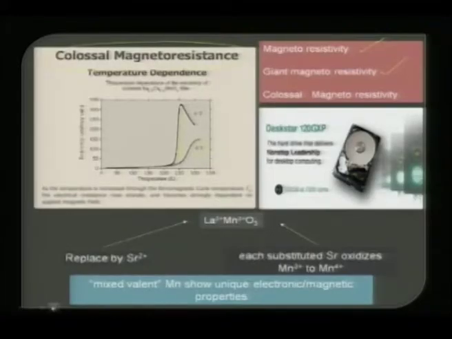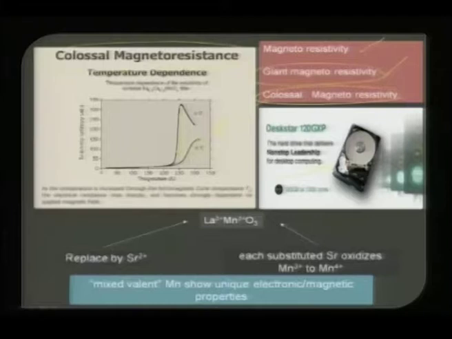It is mentioned in different ways, and by and large colossal MR is referred to manganites, whereas giant magnetoresistivity is actually referred to multilayers. Now this is the application that I drew your attention to, that it can be used as a read head, and you can also write information using this set of devices.